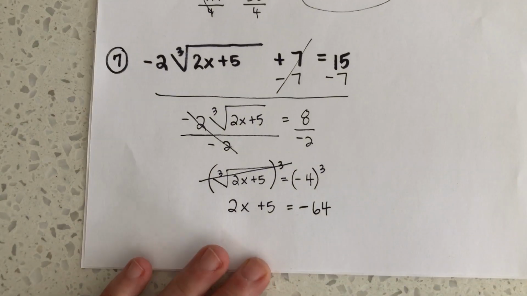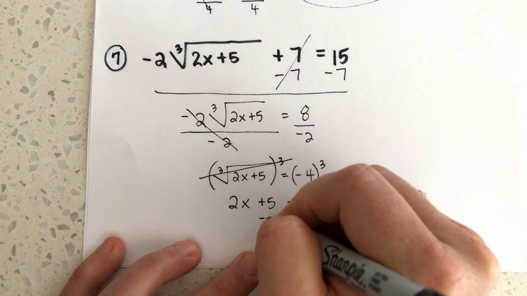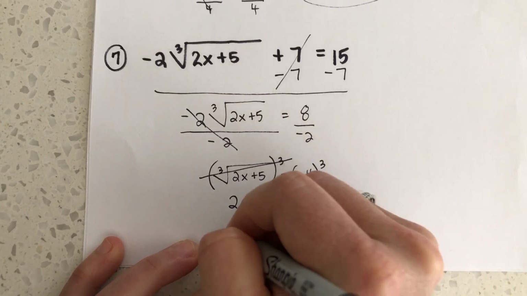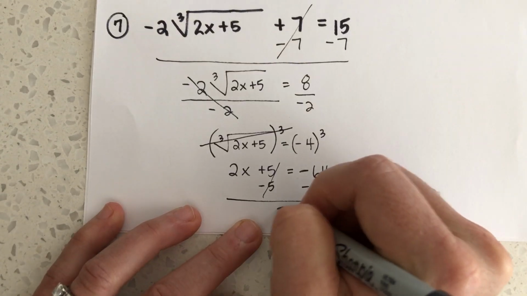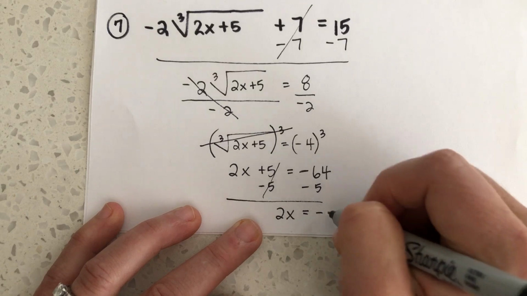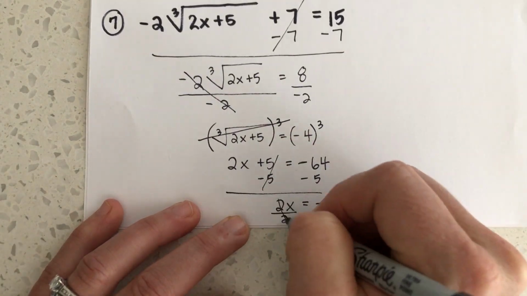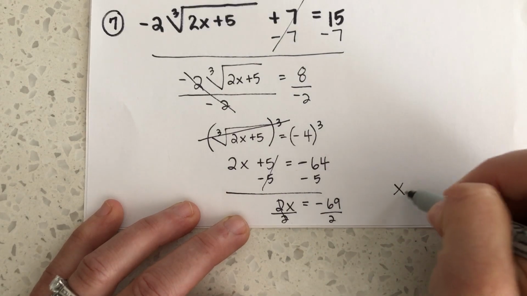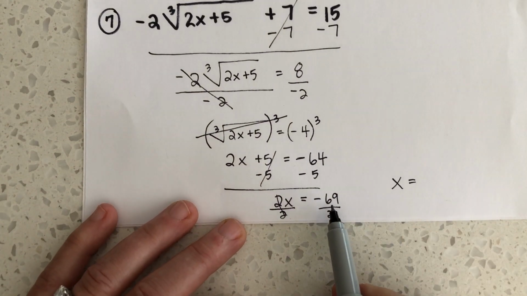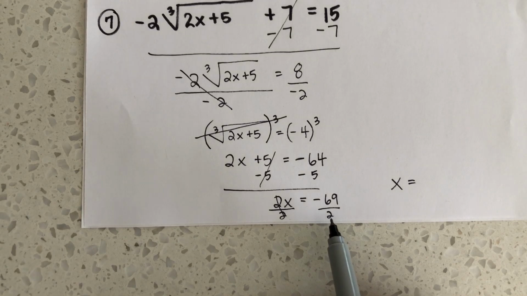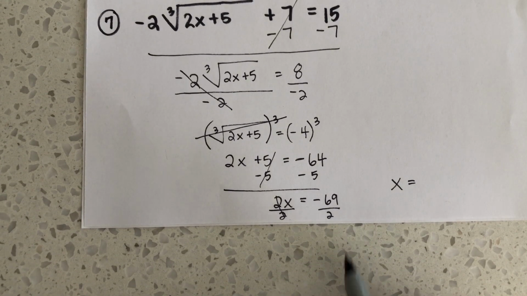Okay, now we can finish solving. So now, minus 5, I get 2x equals -69, divide by 2, and now x equals -69 over 2. It does not divide evenly, right? So since you can't divide it, you can look to reduce it, but it doesn't reduce.